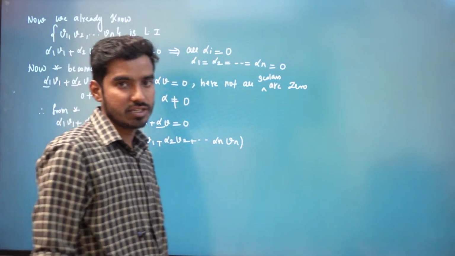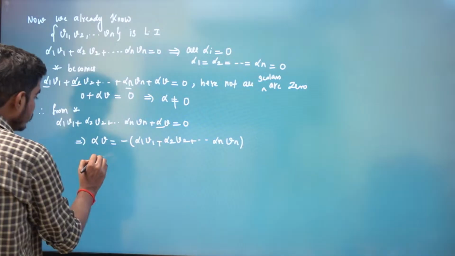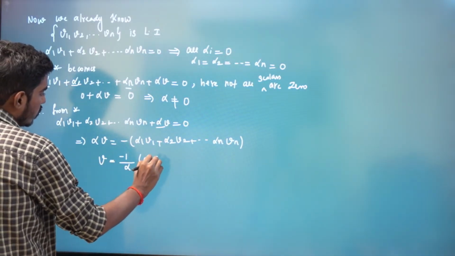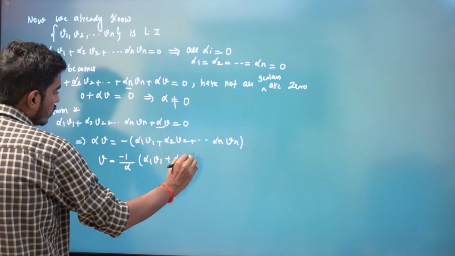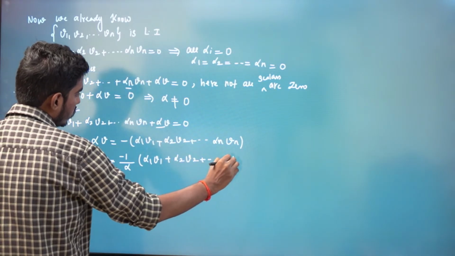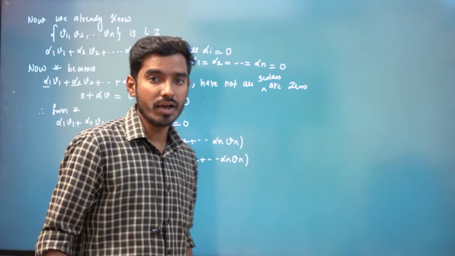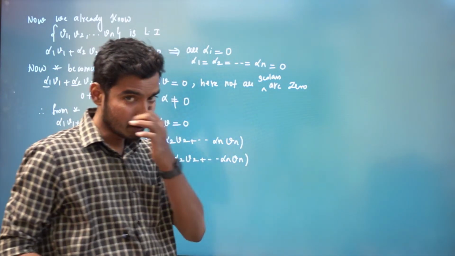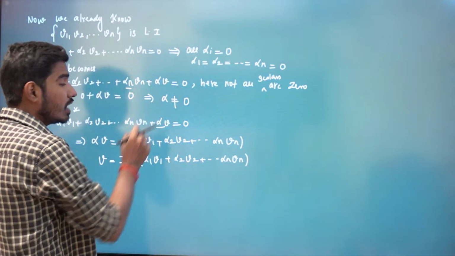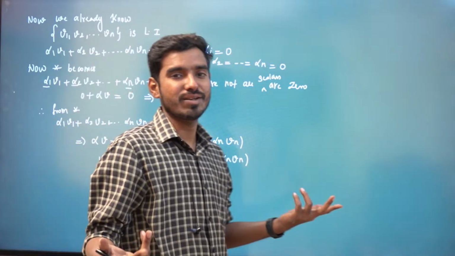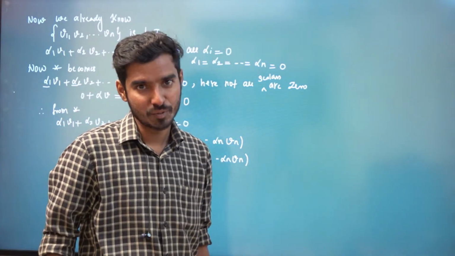That means I can write v as minus 1 by alpha times alpha 1 v1, alpha 2 v2 and so on up to alpha n vn. I can do this because alpha is not equal to 0. I can bring this alpha here; if alpha were 0, it would be undefined, 1 by 0.